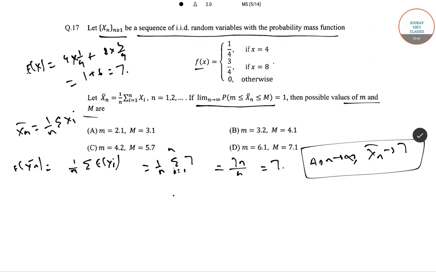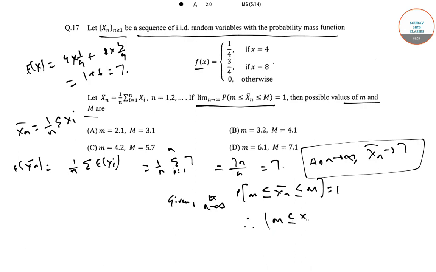Now given limit n tends to infinity, probability small m less than or equal to Xn bar less than or equal to capital M is equal to 1. Therefore, Xn bar greater than or equal to small m and less than or equal to capital M is a certain event.